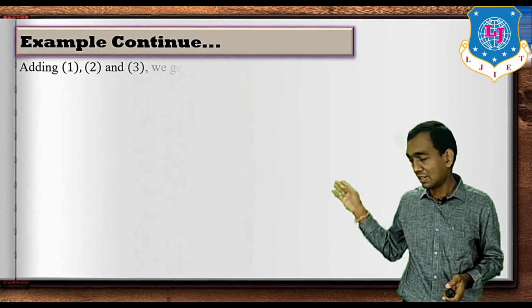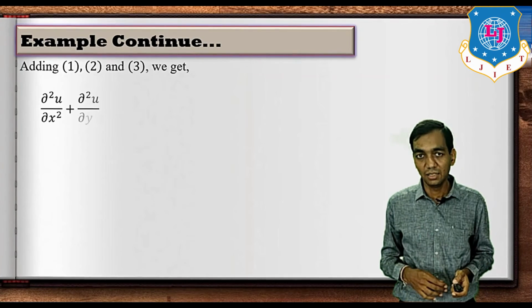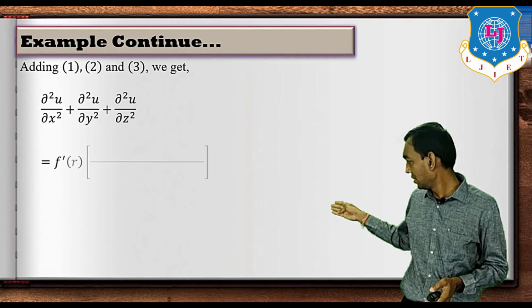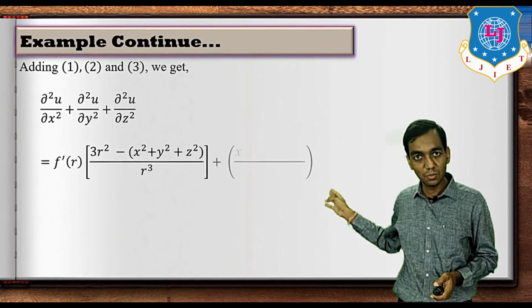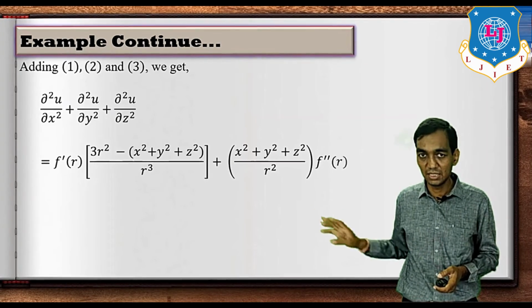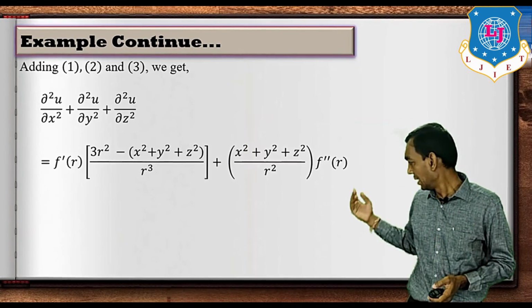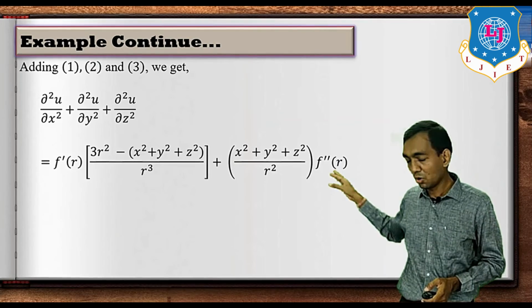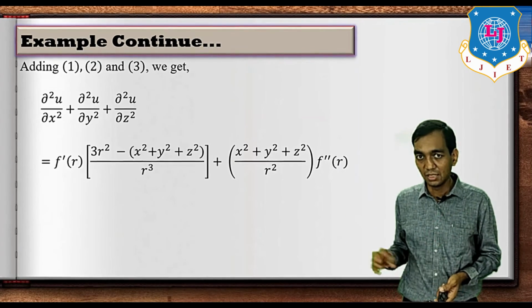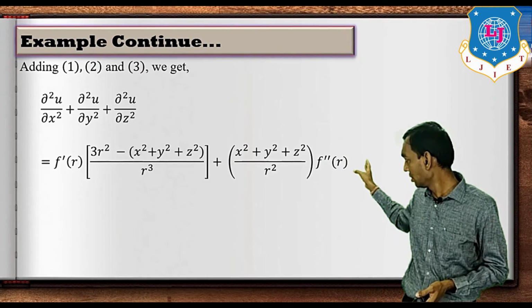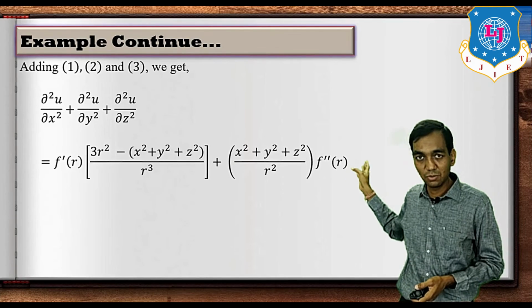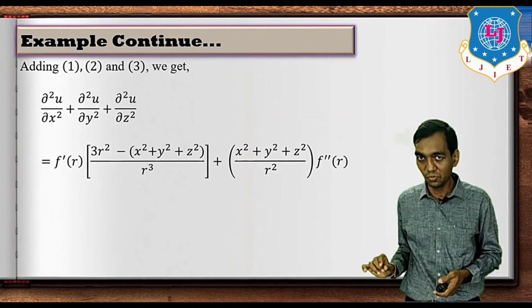Now add these three equations 1, 2 and 3. For the left hand side we have del square u upon del x square plus del square u upon del y square plus del square u upon del z square. And in the right hand side, f dash r is common from the first three terms, that will give you 3r square minus x square plus y square plus z square divided by r cube.